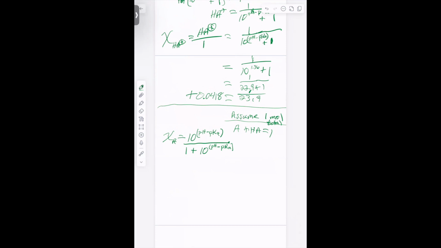All right, so that will always give you what A is, and if A is A minus, of course, then that will give you what the charge is. And then if we want to know what the mole fraction of HA is in the same scenario, well, that's equal to 1 divided by 1 plus 10 to the pH minus pKa.